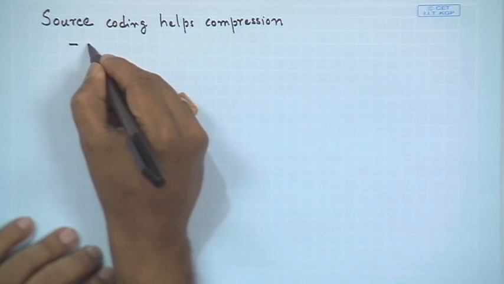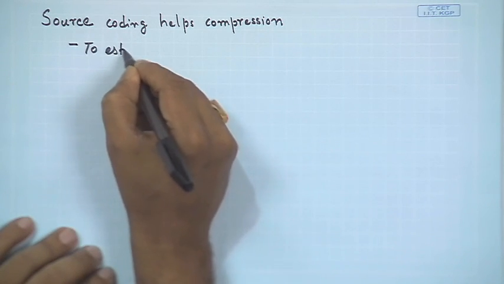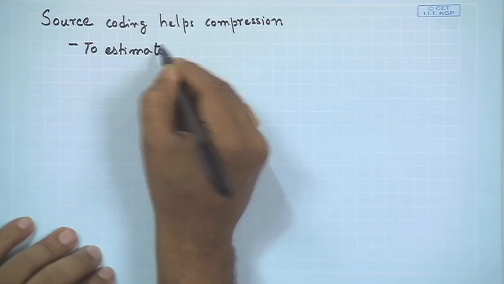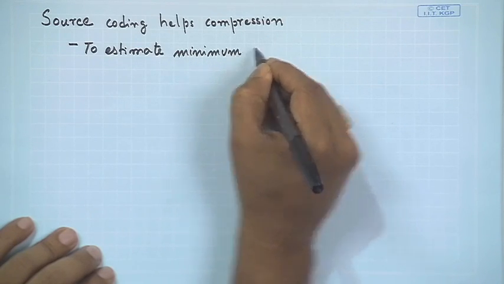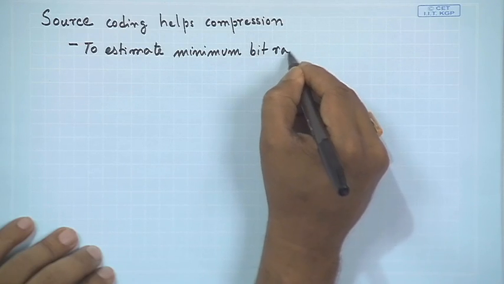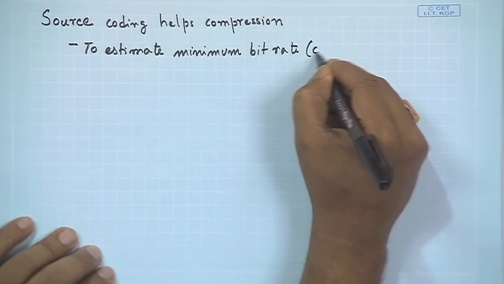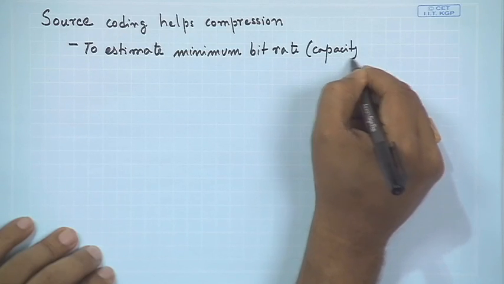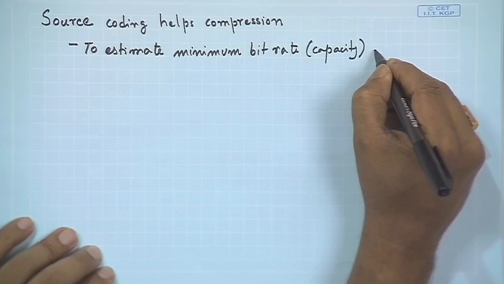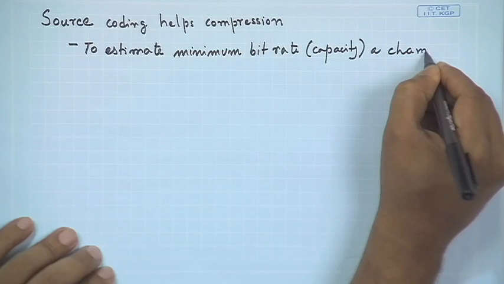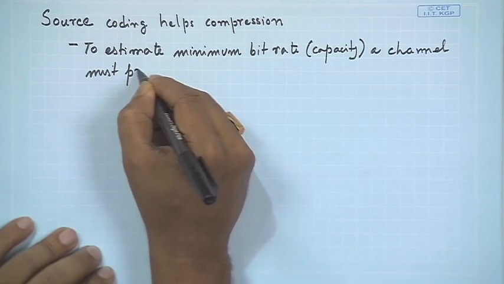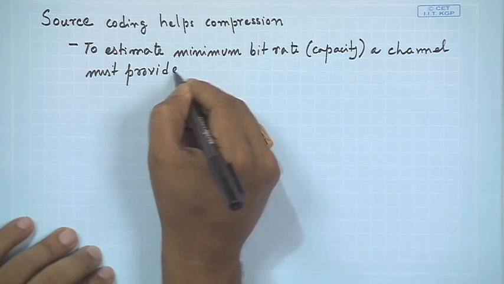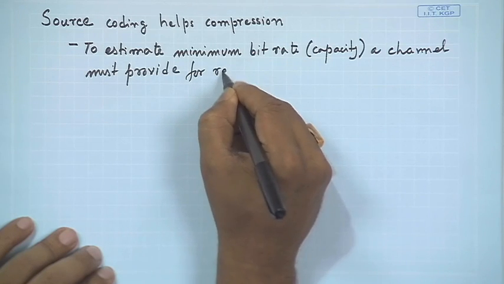Now, why is this important? This is important in order to estimate the minimum bit rate, or the capacity, a term that might be clear later on, that a channel must provide for reliable communication.